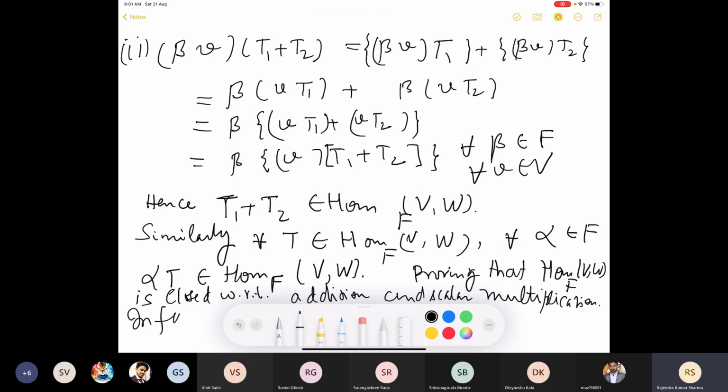So in fact, you can prove that this Hom(V, W) is a vector space.